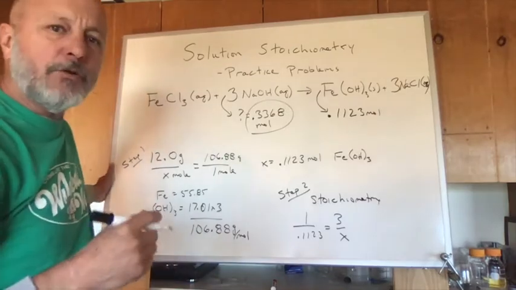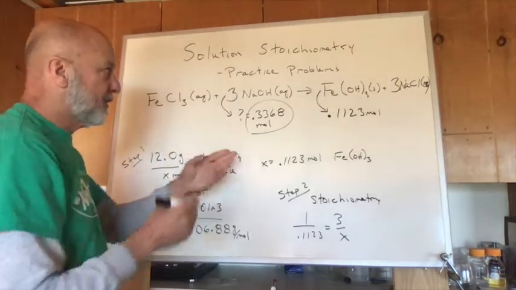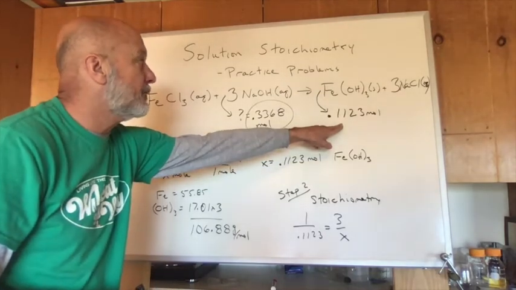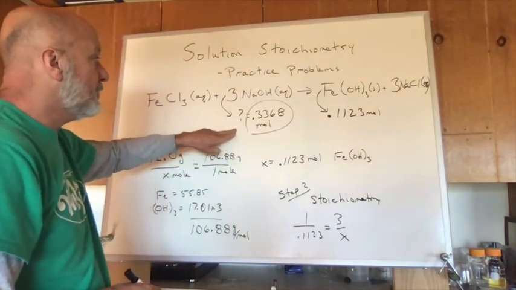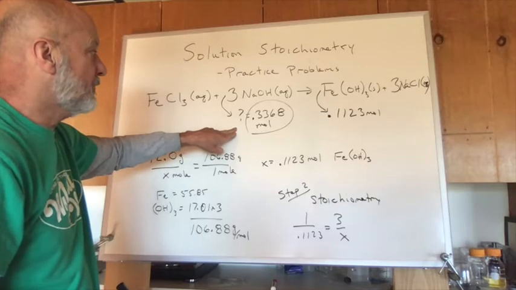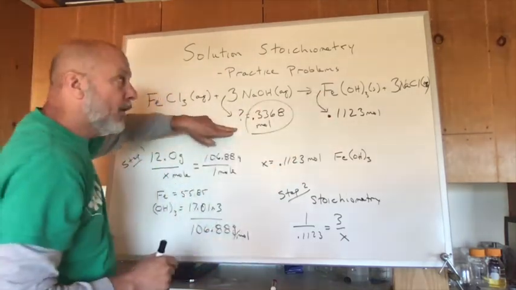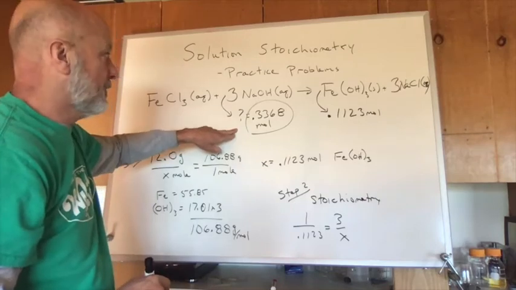So that's the number of moles of sodium hydroxide. If I wanted to form the 12 grams, which is 0.1123 moles of iron 3 hydroxide, I'm going to need to use 0.3368 moles, right? Because 3 sodium hydroxides make only 1 of my precipitate molecule.